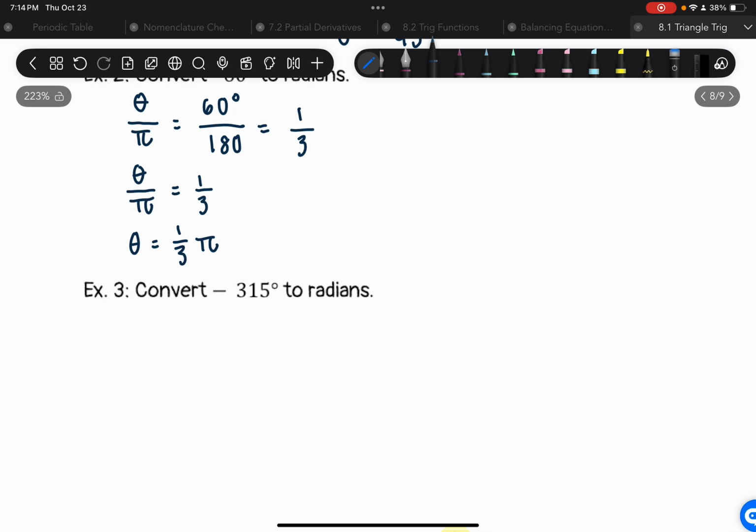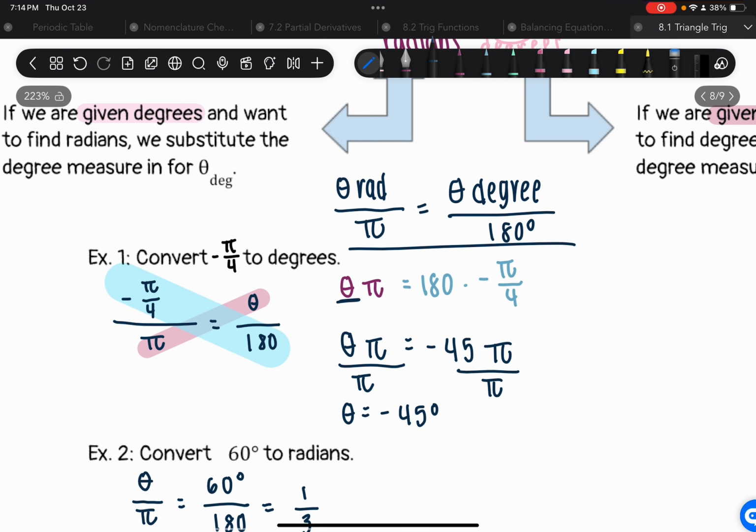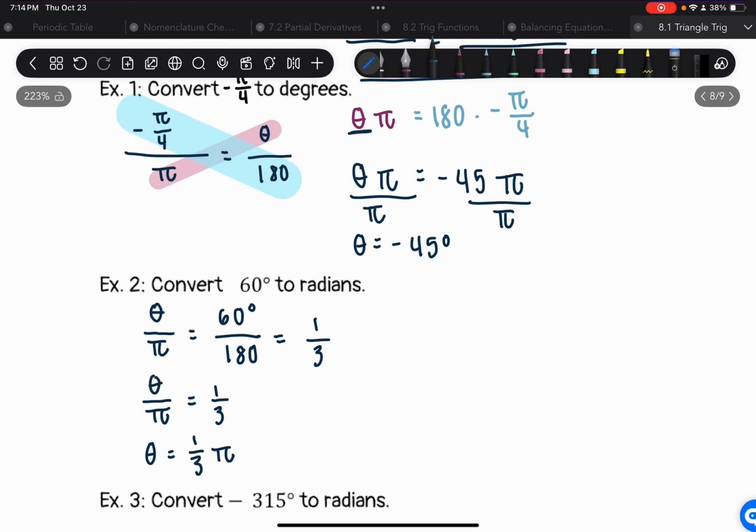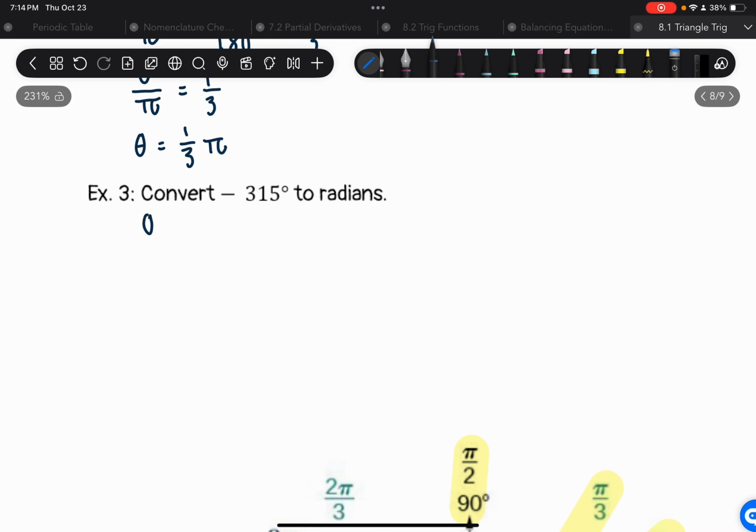And then our last example is converting negative 315 degrees into radians, which is similar to our first one where we had a negative radian. Here we have a negative degree. So same formula.